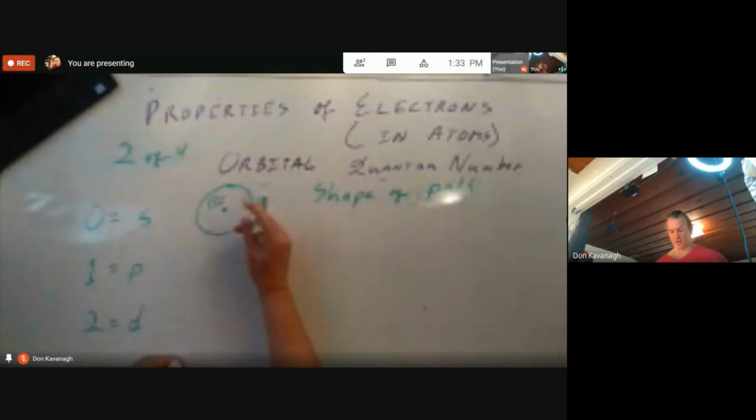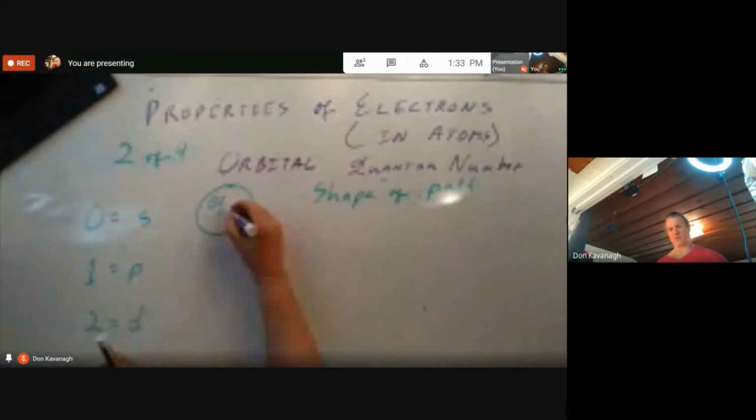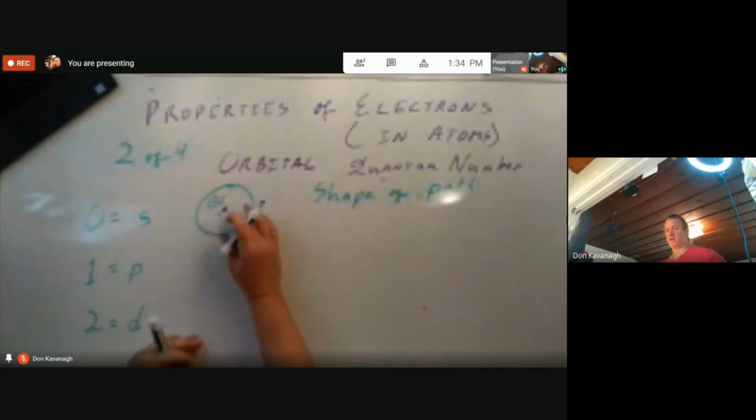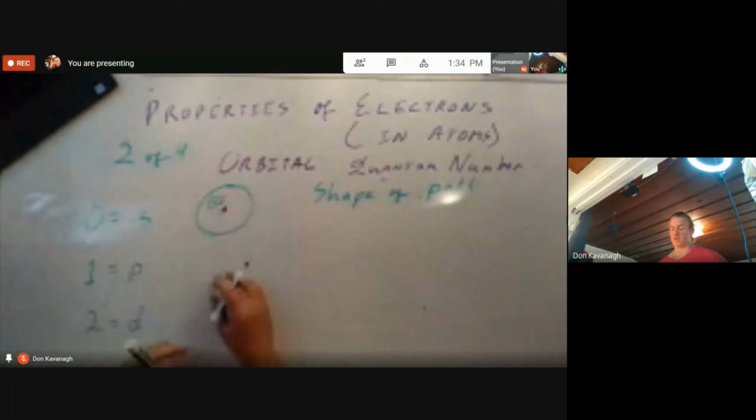I'm going to put that in a different color. Right there. I haven't drawn any electrons. At this point, there could be other electrons inside, there could be other electrons outside, but I'm just drawing this S orbital, and I'm putting the dot for the nucleus. You'll rarely see that dot for the nucleus right there.